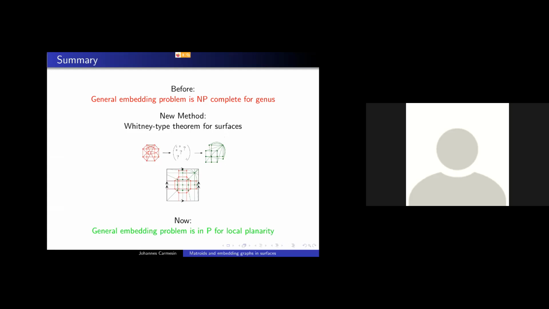And now what I suggest is the following: we take this optimality criterion of minimum genus, and replace it by this local optimality criterion of local maximum planarity. And if we modify the general embedding problem in this way, then there's a drastic change in complexity. Namely, it goes from NP-hard to polynomial.